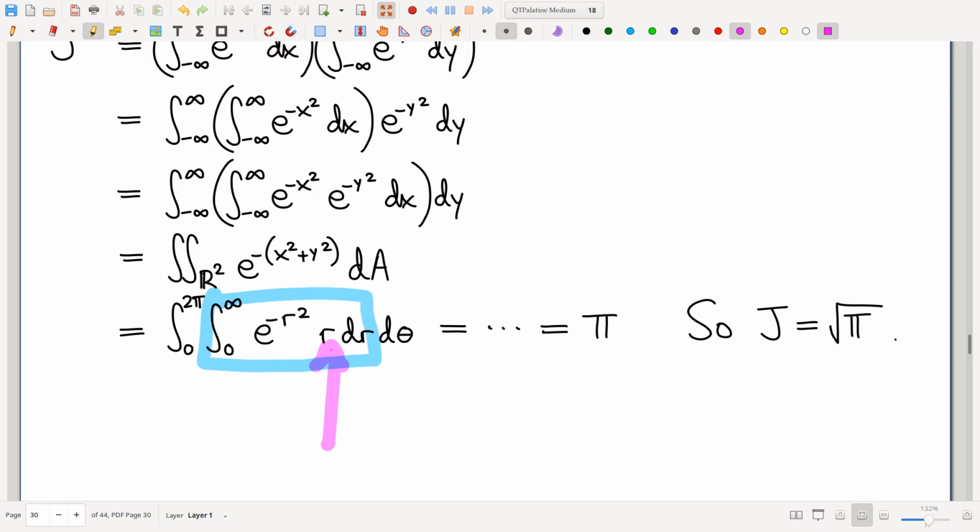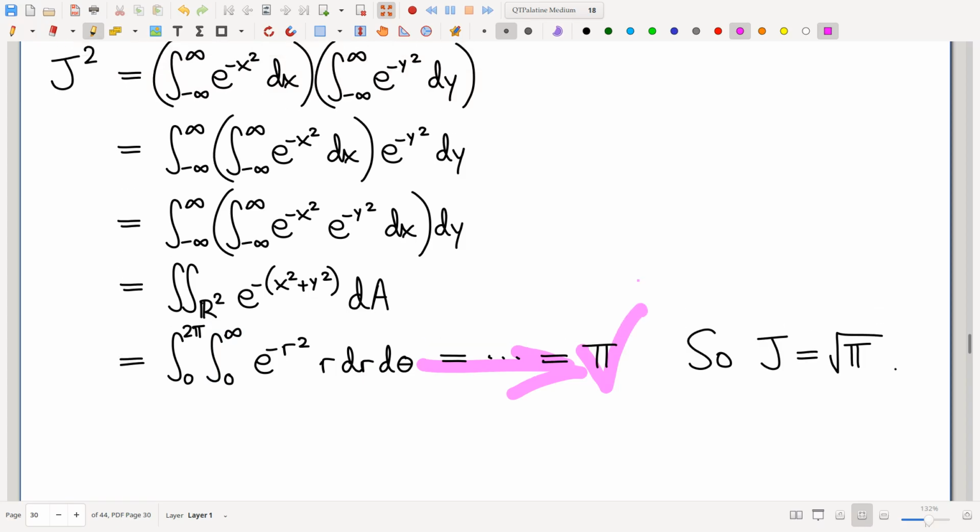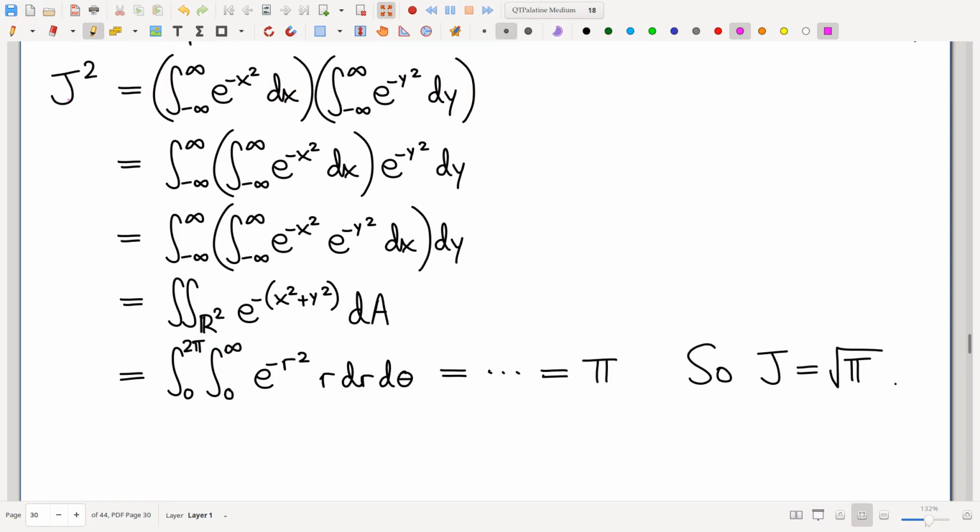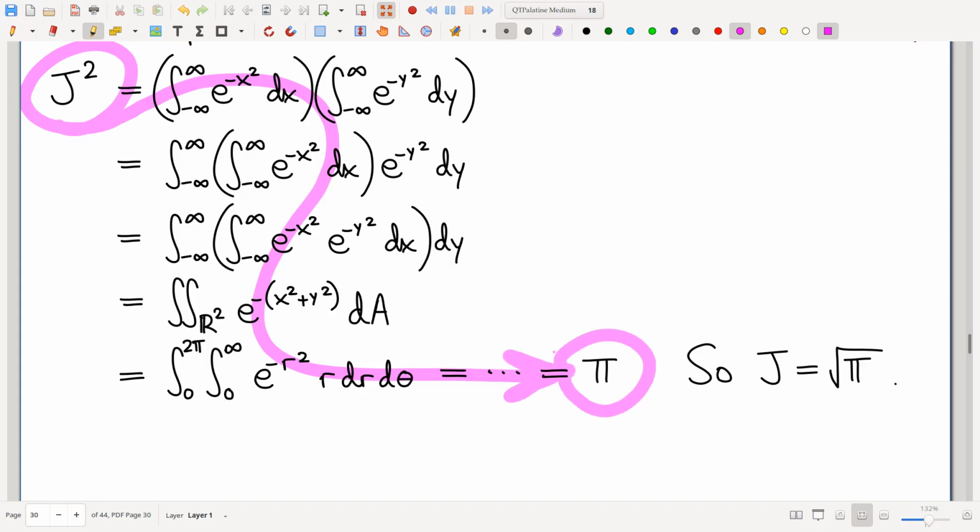Don't forget the improper integral, limit to infinity, etc. Basically, it turns into an easy single variable calculus problem that I'm going to suggest you fill in the blanks of yourself. Again, good exercise. I hope you do it. You get pi. We recall, of course, that this was the result of computing j squared. So j is the square root of pi. Super clever calculation. Everybody happy?